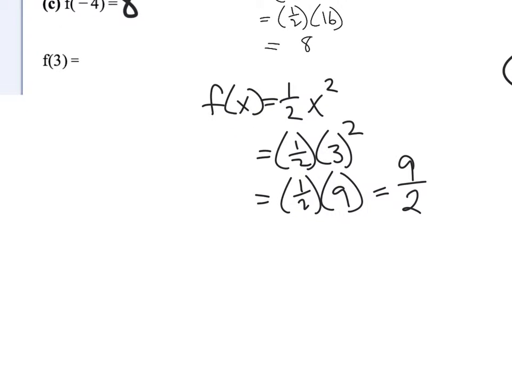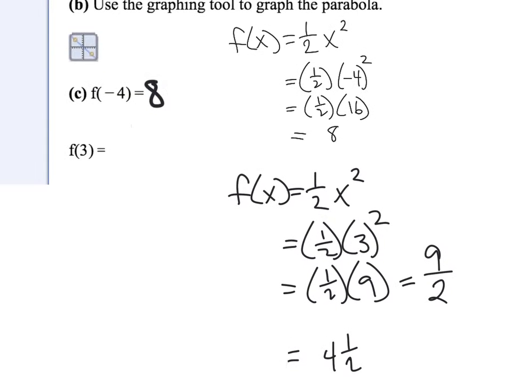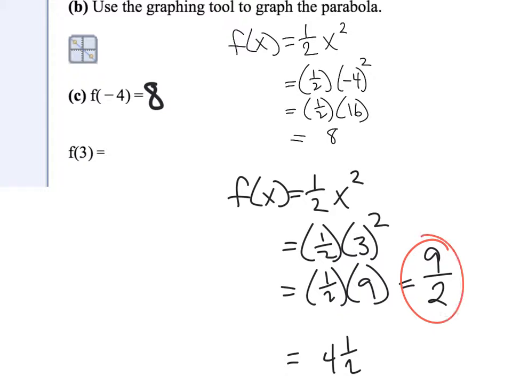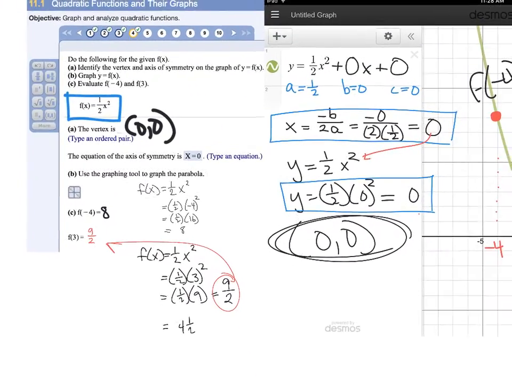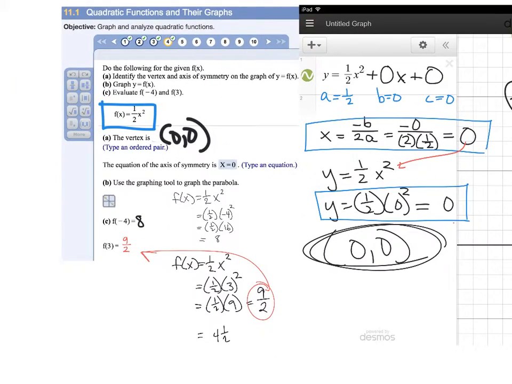And 9/2 is equal to 4 1/2. So because this is college, they'll probably take 9/2 as our answer. All right, so a lot of work on this one question, and now we're going to just do that for a variety of problems throughout the rest of this video.